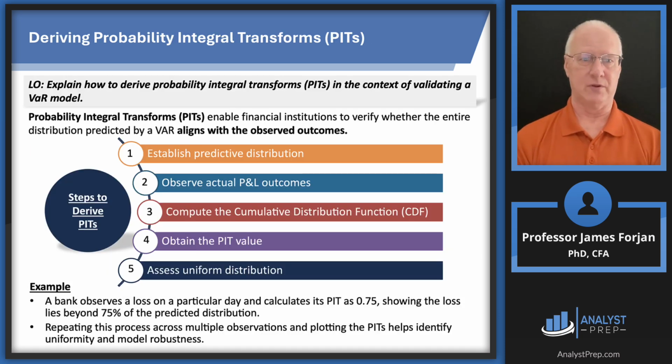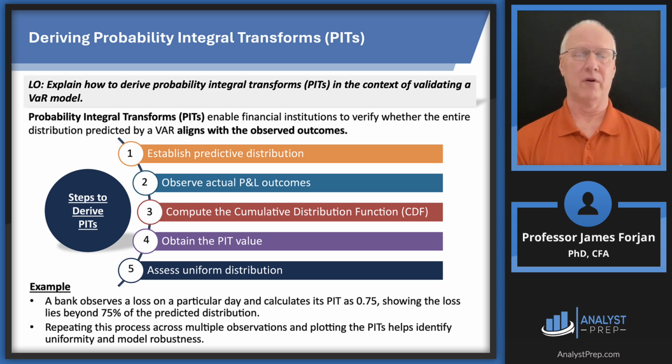Here are a couple of steps to derive the PIT. I would go ahead and just memorize these. However, just remember what I said in the introduction. We're going to establish that predictive distribution. Whatever that distribution looks like, maybe it's going to look like a perfect rectangle, but maybe it'll look like something else. And then we're going to observe the profit and loss outcomes, right? We can do that.